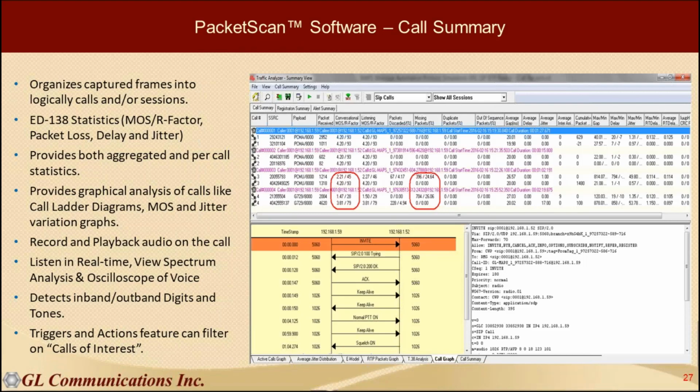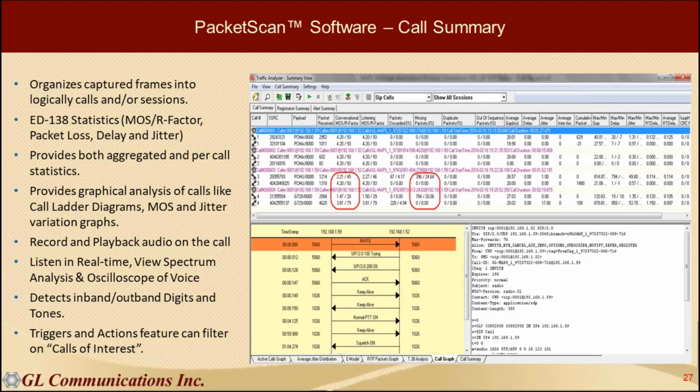And we have one more feature called the triggers and actions feature, which allows the user to define thresholds or filters for the calls and perform certain actions on the filtered calls. For example, I can define a filter to filter calls with low MOS score, and I may want to be notified through an email notification with details like the recorded audio or the trace of that call.